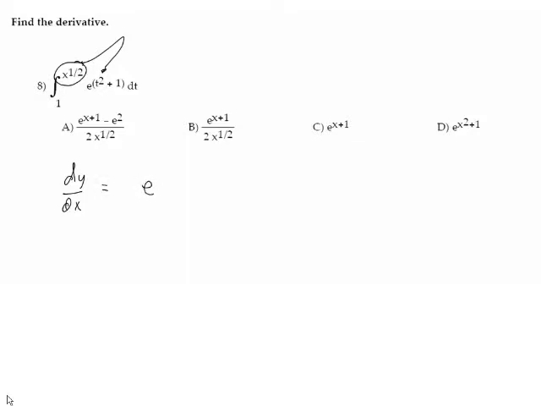And that would be e to the x to the 1/2 squared plus 1 times d dx of x to the 1/2. Need to use a chain rule here. So this is going to be equal to 1 over 2 x to the 1/2 times e to the x plus 1, which is answer B.